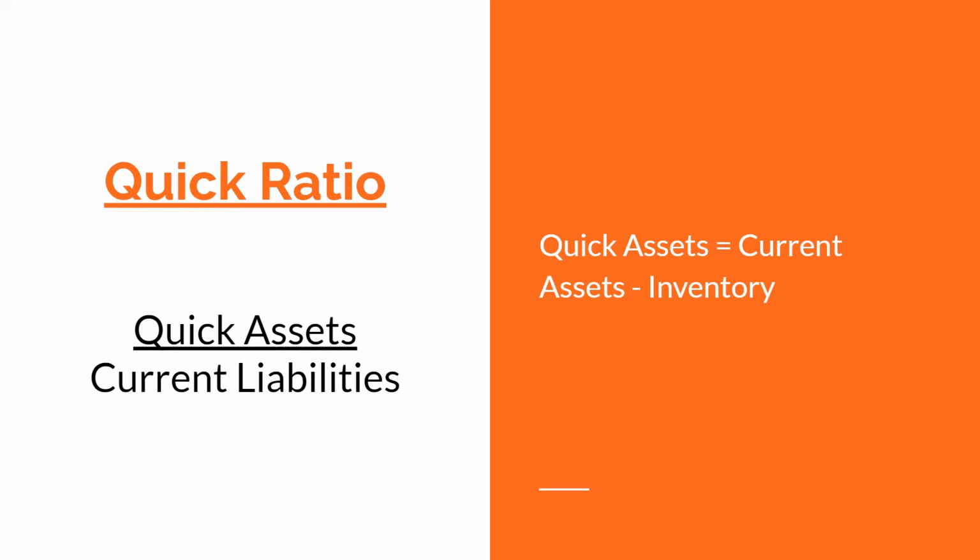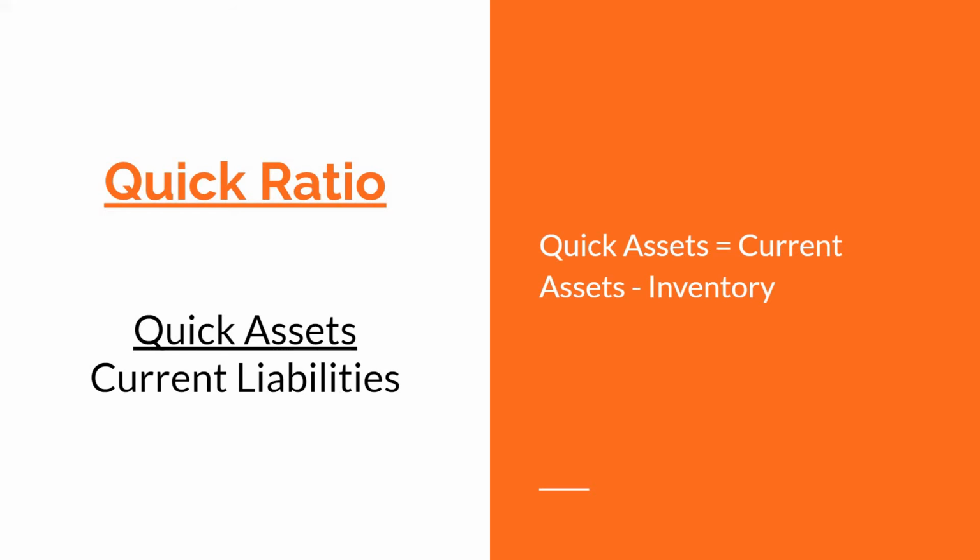In the previous example we had current assets of 10,000. Now let's suppose inventory is rupees 5,000, so your quick assets would be 10,000 minus 5,000, which is 5,000, and your current liabilities were already 5,000.